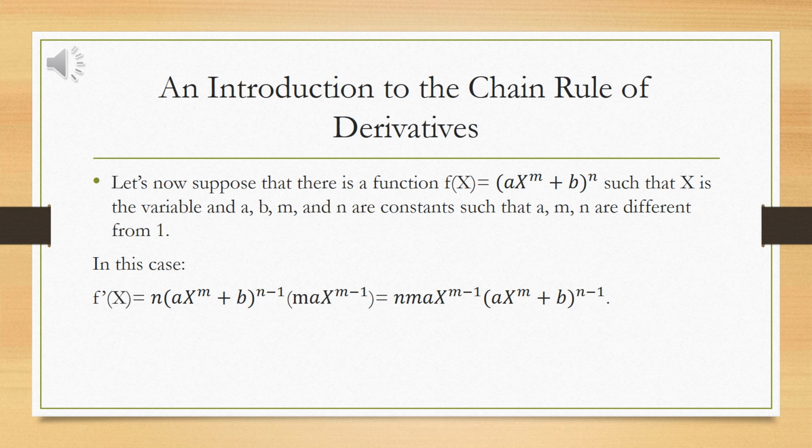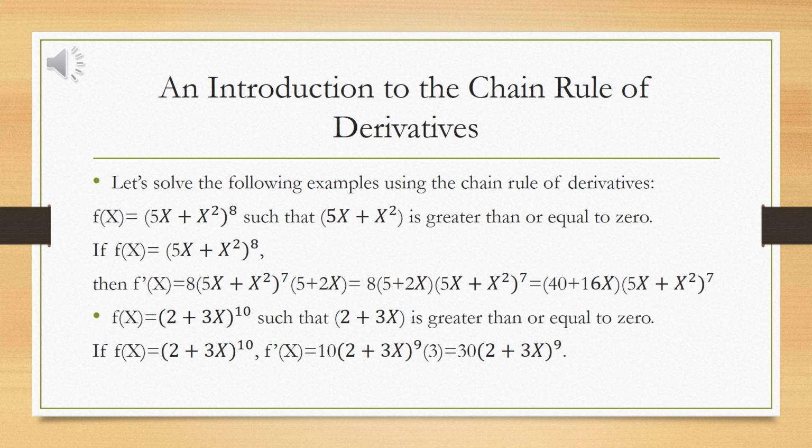In this case, f prime of x equals n times ax to the m plus b, all of it to the n minus 1 times m a x to the power m minus 1, which is the derivative of ax to the m plus b. Thus, f prime of x equals n m a x to the power m minus 1 times ax to the m plus b, all of it to the n minus 1. Let's solve the following examples using the chain rule of derivatives.